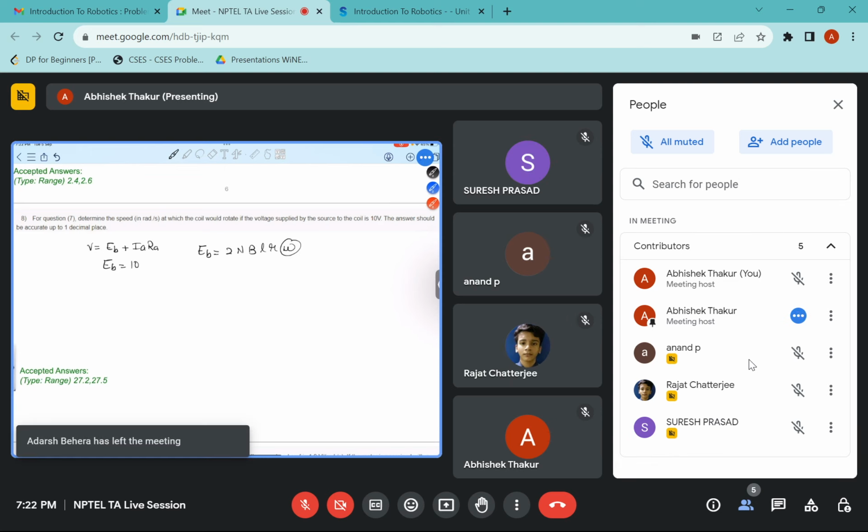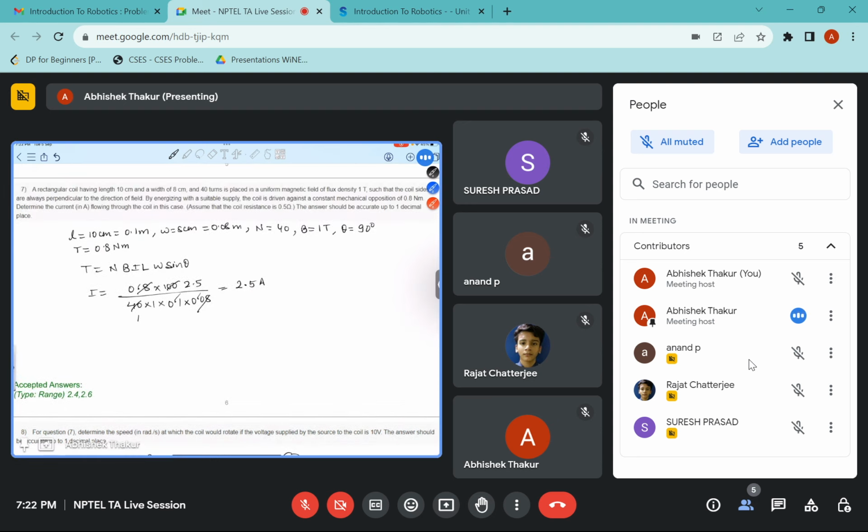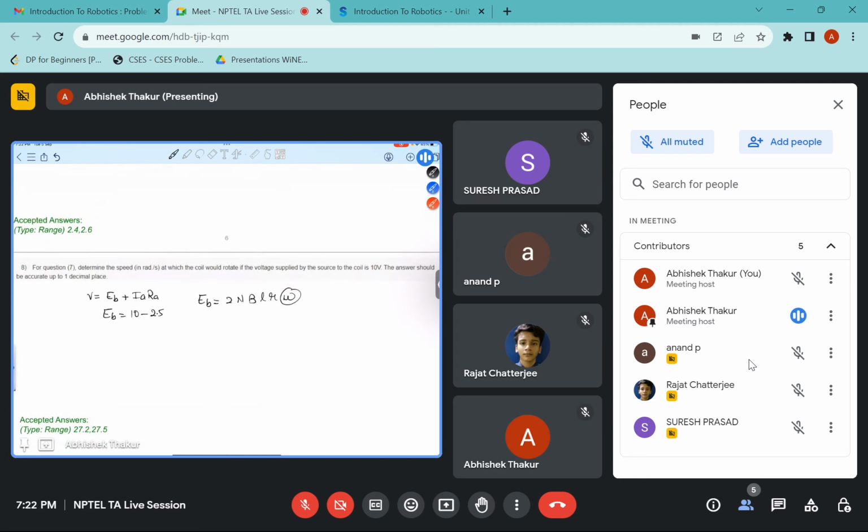So Eb is equal to 10 minus Ia into Ra. So Ia is 2.5 and Ra is given as 0.5, so this will be 1.25. So it will be 8.75 volt.